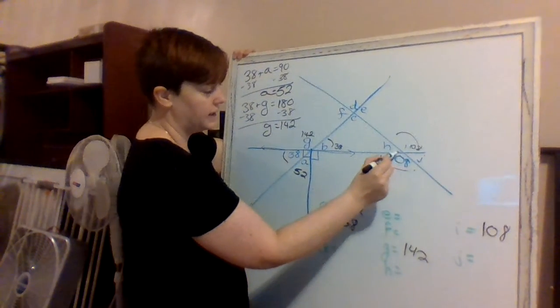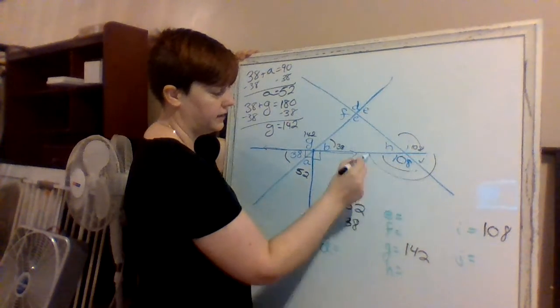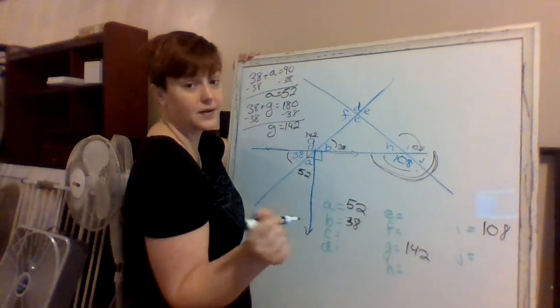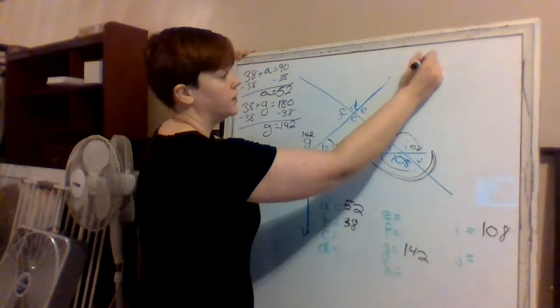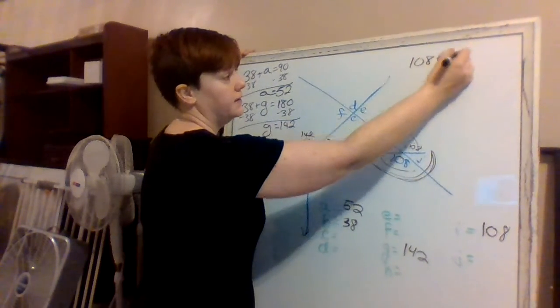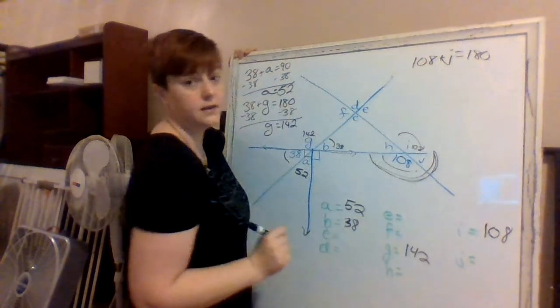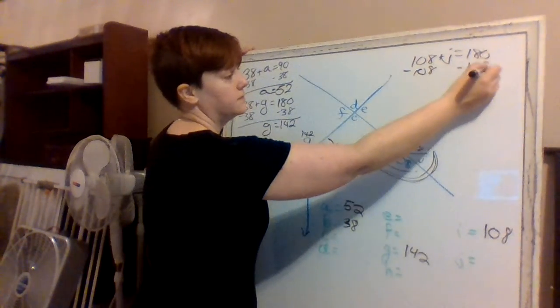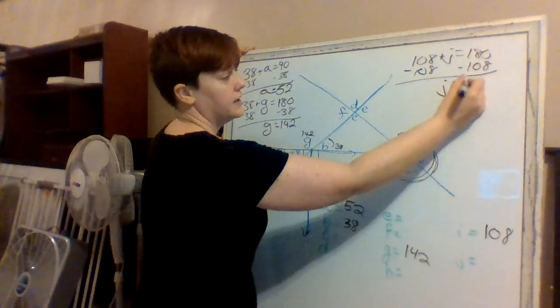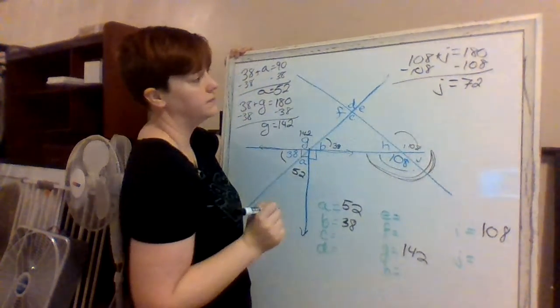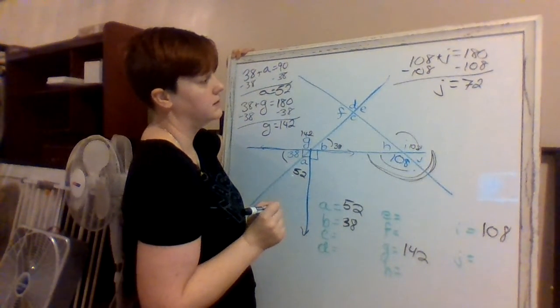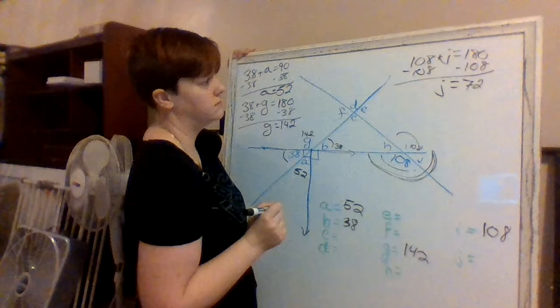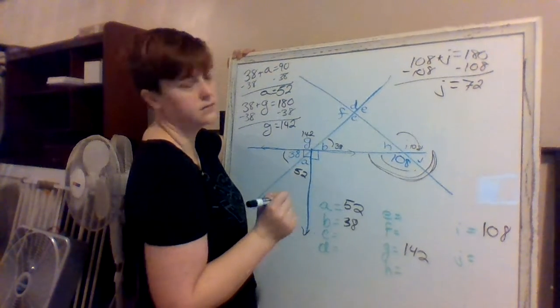And then these two right here are, again, a linear pair or supplementary angles, and so 108 plus J is 180. Then we'll subtract 108 from both sides, and we get J is 72. Is that right? Yeah, we're going to call that right.